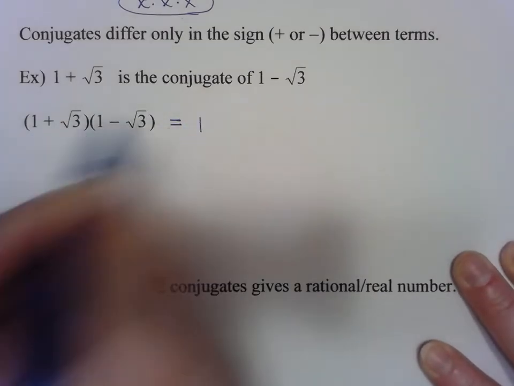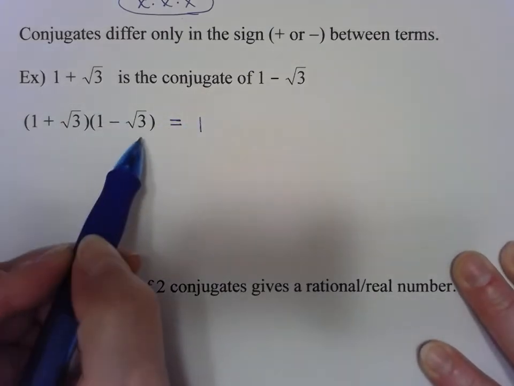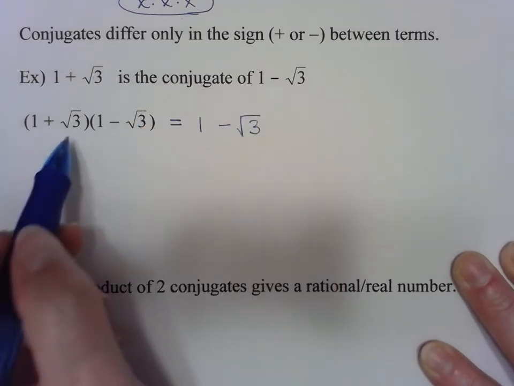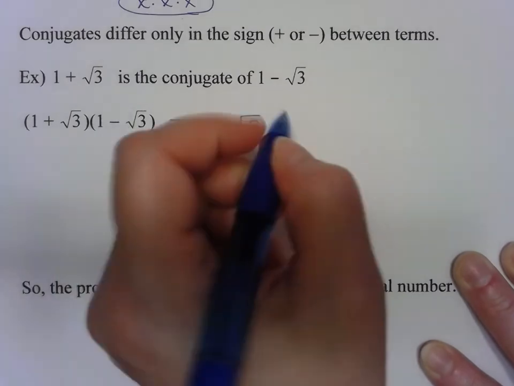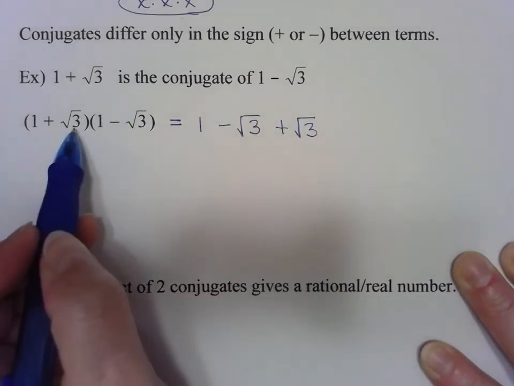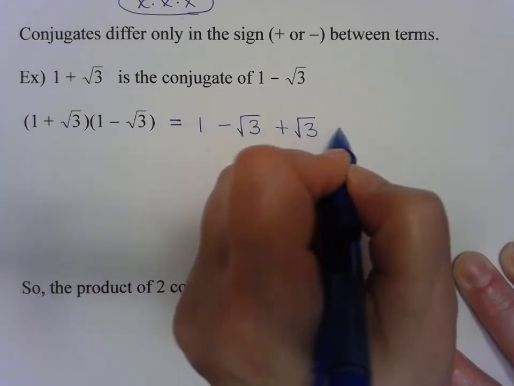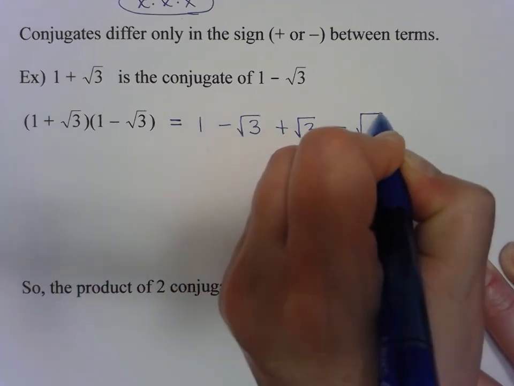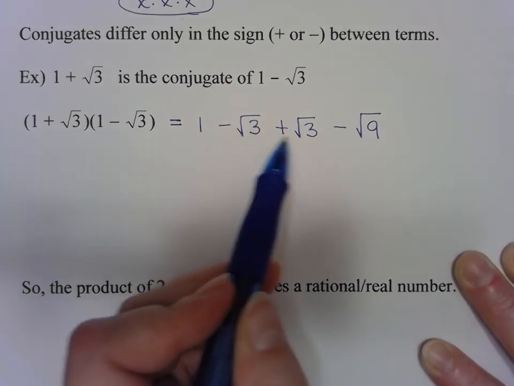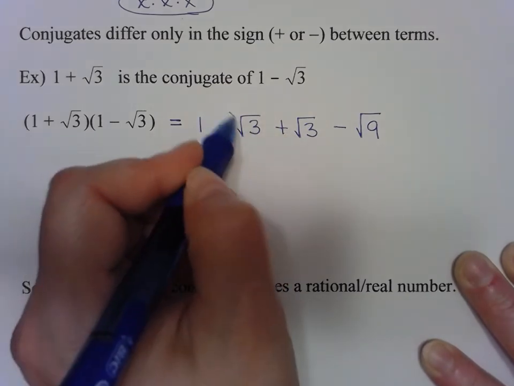So 1 times 1. On the outside, I'm going to have a minus square root of 3. On the inside, I'm going to have a plus square root of 3. And then the last times the last would be minus square root of 9. Negative square root of 3 and positive square root of 3 add to 0.